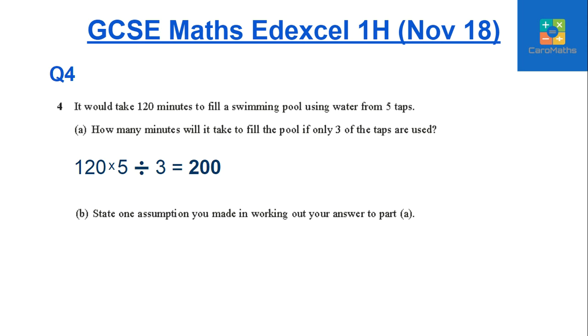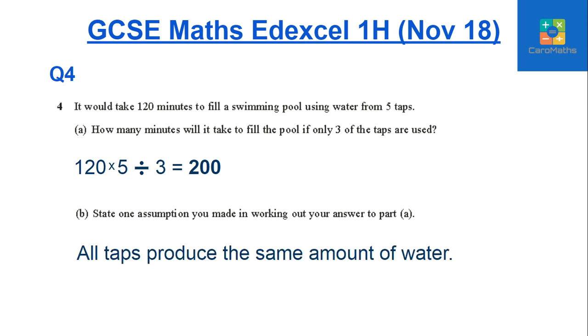B. State one assumption you made in working out your answer in part A. So I've got all taps produce the same amount of water, and I'm just going to give you all the other statements that would have given you a mark according to the marking scheme.